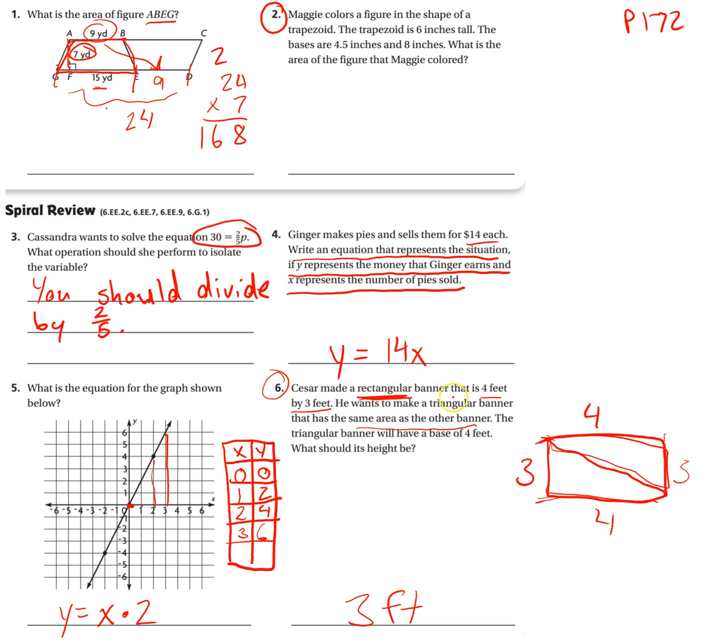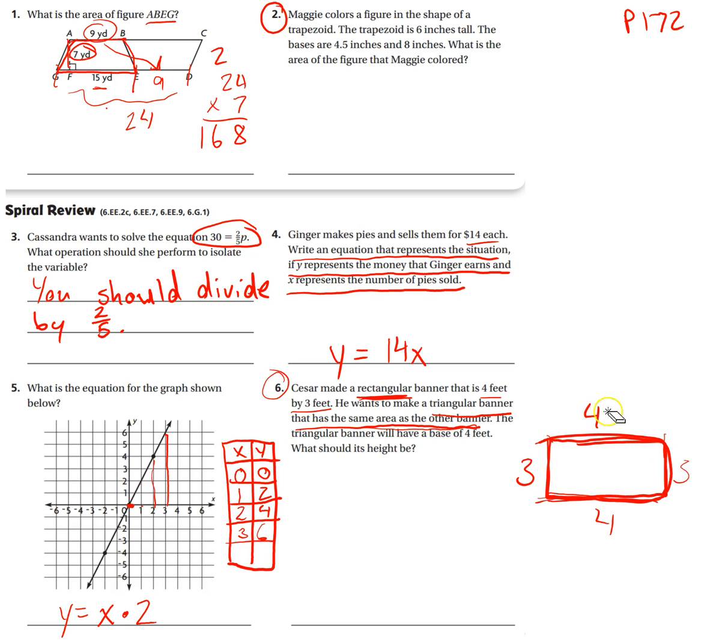Caesar made a rectangular banner that is 4 feet by 3 feet. Okay, we did that here. 4 feet by 3 feet for the rectangle. He wants to make a triangular banner that has the same area as... Oh, I see. Yes, I did make a mistake. So he doesn't want to cut this banner in half.